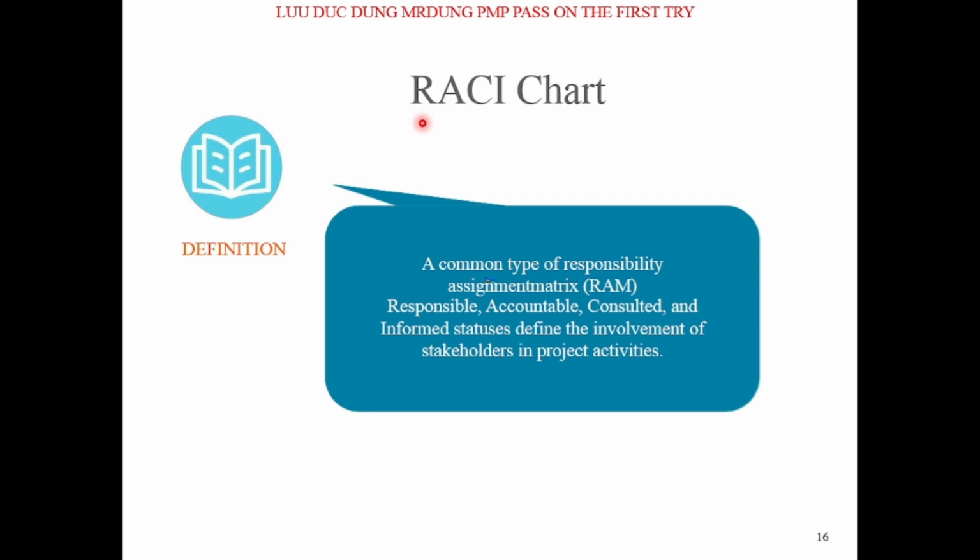We have a definition for the RACI chart. The definition is a common type of responsibility assignment matrix. Again, responsible, accountable, consulted, and informed status defined for the involvement of stakeholders in the project activity.